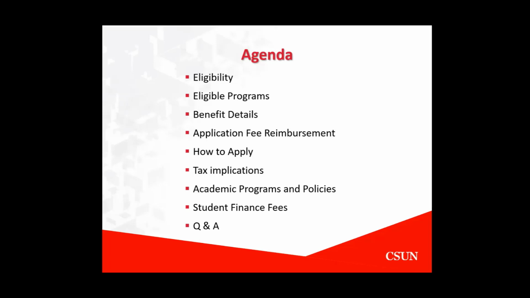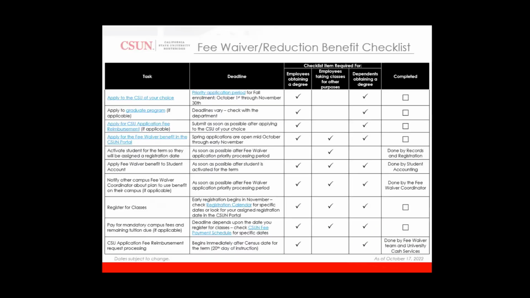Before we get started, we want to share a checklist with you that will be emailed to you after the workshop. The purpose of this checklist is to help organize and display the detailed steps needed for this process. To briefly go over it, the first column lists a couple tasks.